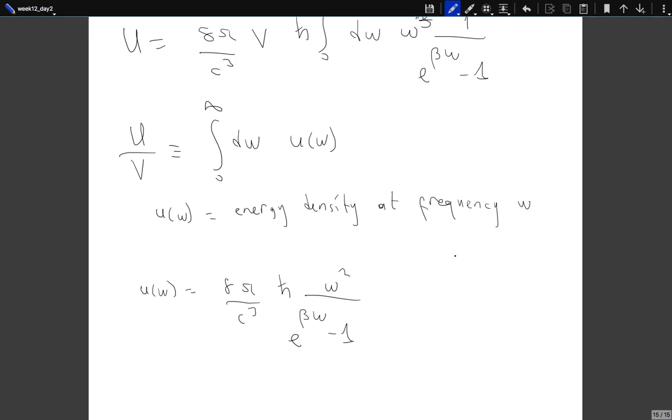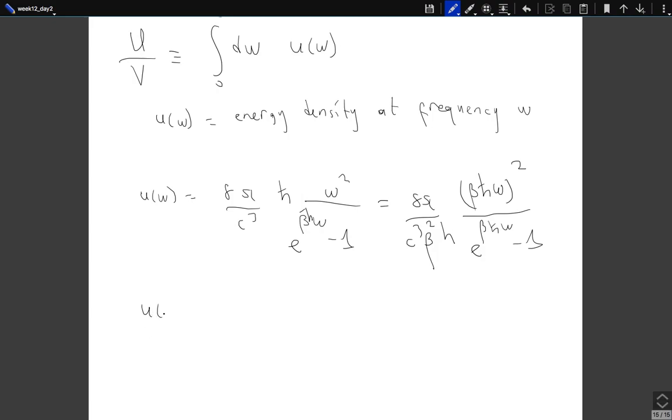Or let me rewrite it in a slightly different form. This will be 8 pi, sorry, here I have an h bar, beta h bar omega squared divided by c cubed beta squared h bar divided by e to power beta h bar omega minus 1.